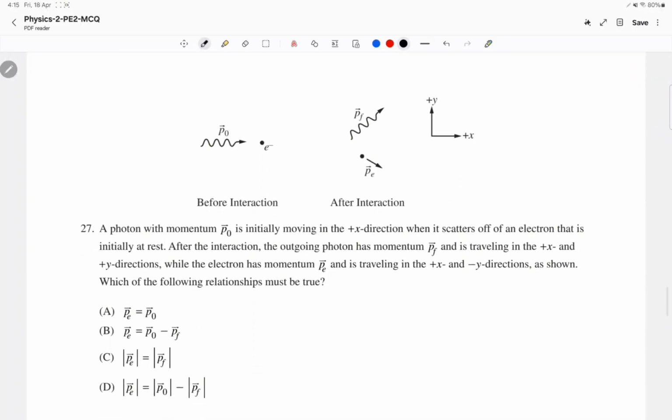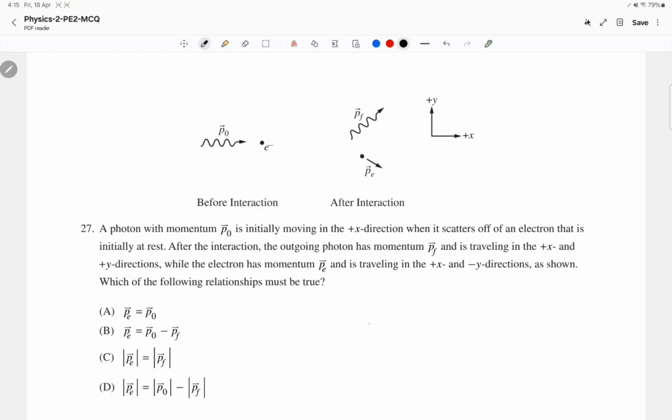Question 27. Okay, we have talked about something called the conservation of momentum here. Momentum is conserved unless there is an outward force. But there is nothing mentioned here about outward force. That means the momentum before is equal to momentum after.